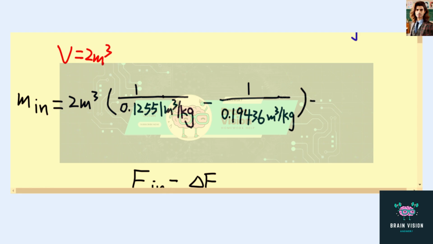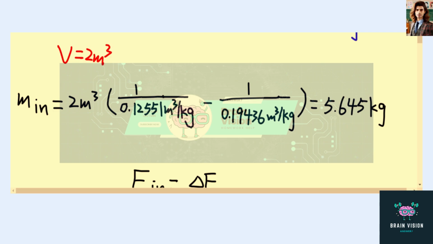And this will give us the mass of the steam that has entered is about 5.645 kilograms.